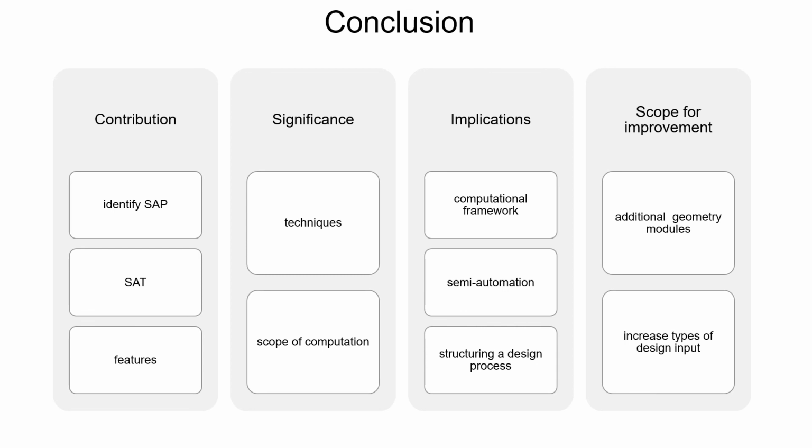The proposal must be enhanced by introducing additional geometry modules for massing or partitioning. We would also like to address more types of design input and accommodate data from various sources such as IoT, spatial temporal data, origin destination studies, etc.